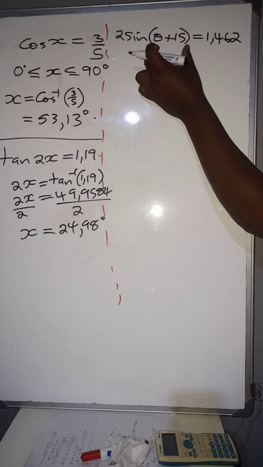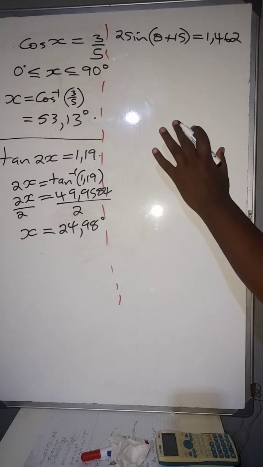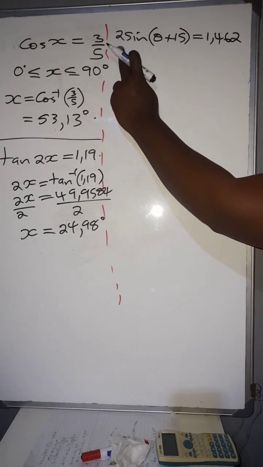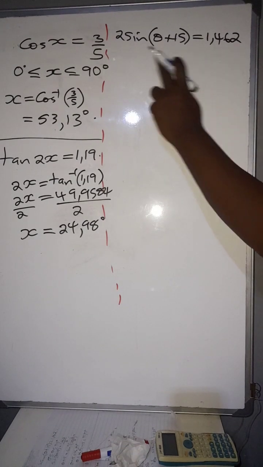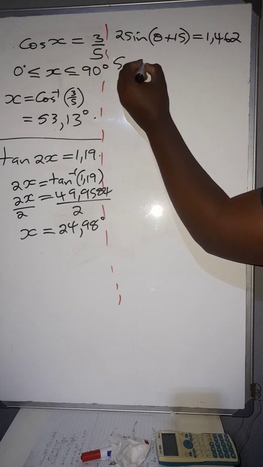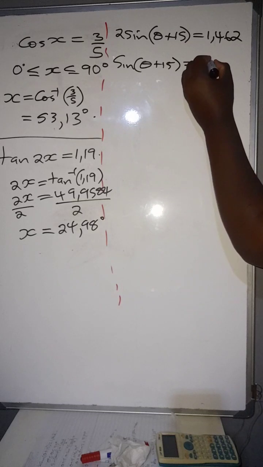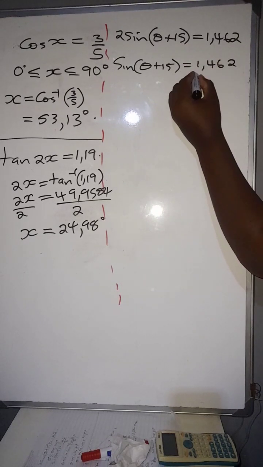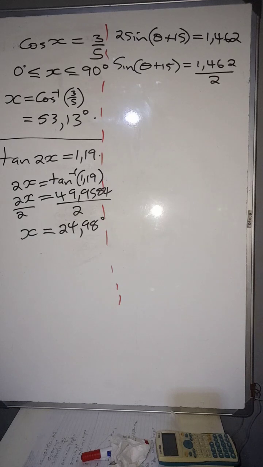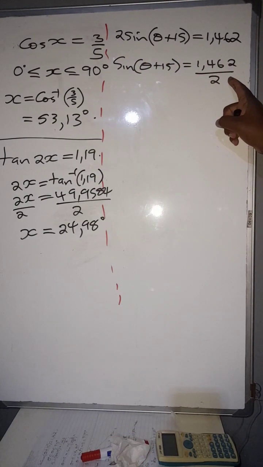Whatever you have in the middle here, you'll deal with it right at the end. So the only thing that we have to do in the first step here is to take our 2 to the right side. 2 is multiplying here. When it goes to the other side, it's going to divide. So we have sine theta plus 15 is equal to 1,462. You divide that by 2. When the 2 was here is multiplying, it goes to the other side of the equal sign, it divides.